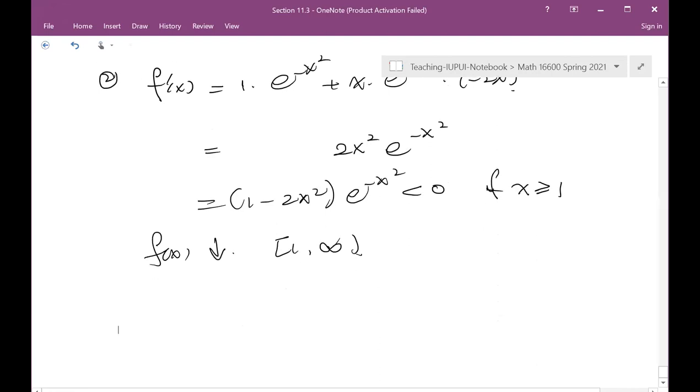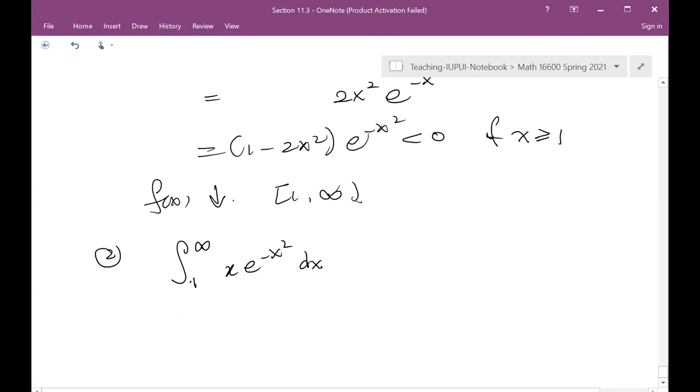The next step is to check whether the integral is convergent, and what is the value if it's convergent? We're lucky, we can evaluate this integral. This is an improper integral, so you have to use a limit, but we can use substitution directly. Let u be x squared. du equals 2x dx.